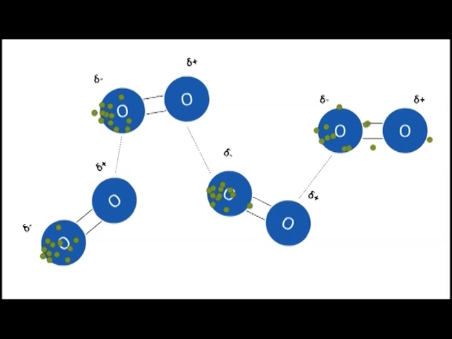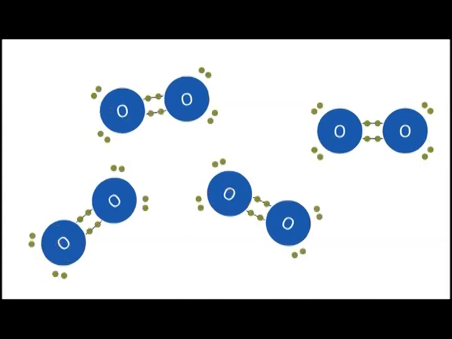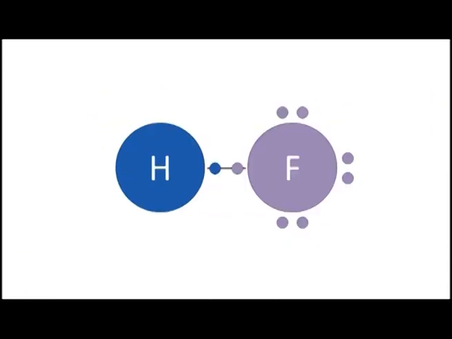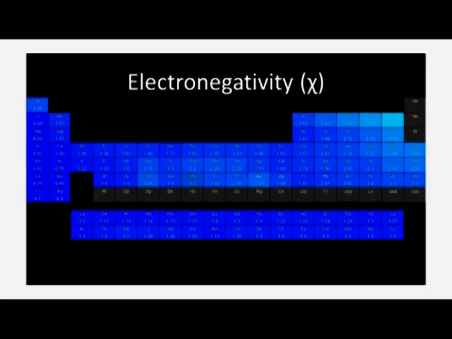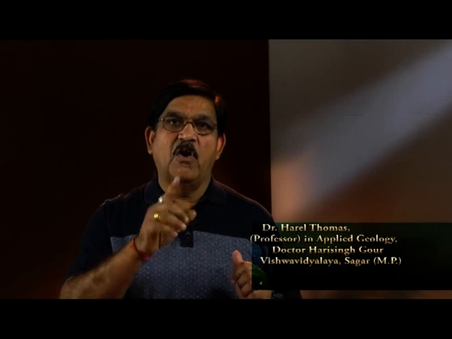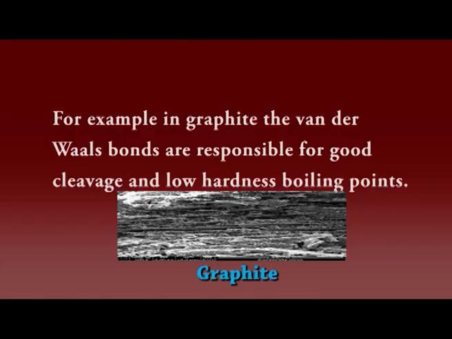This attraction is the result of the mutual interaction of the electrons and the nuclei of the molecules. It has its origin in the electrostatic attraction of the nuclei of one molecule for the electrons of another. For example, in graphite, the Van der Waals bonds are responsible for good cleavage and low hardness.